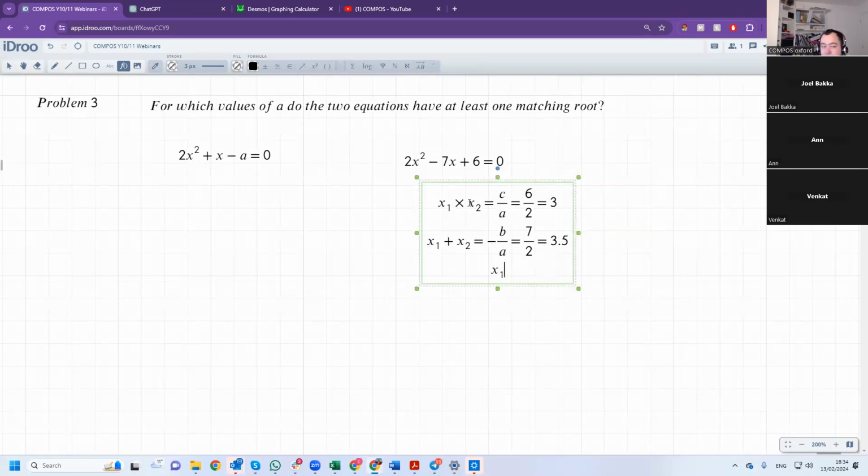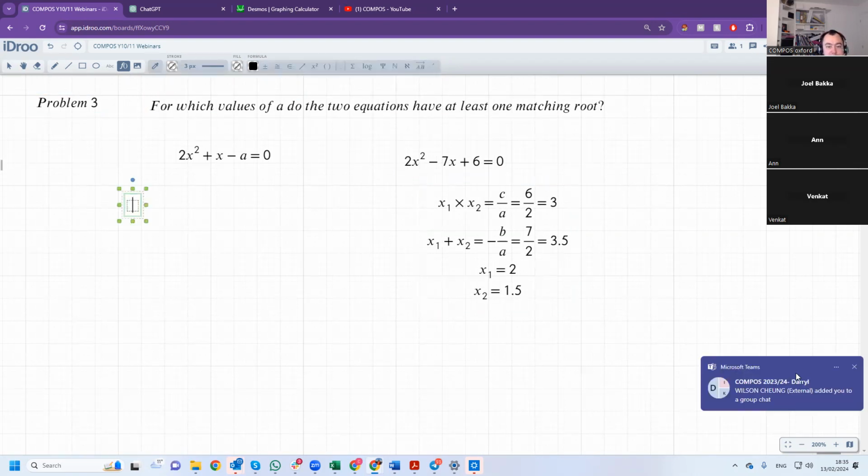So x1 is 2, and x2 is 1.5. Perfect. Lovely.